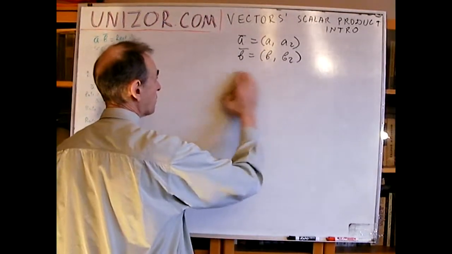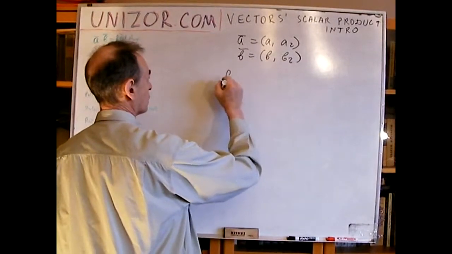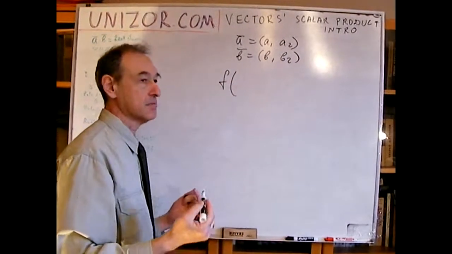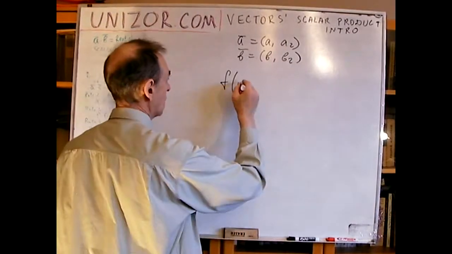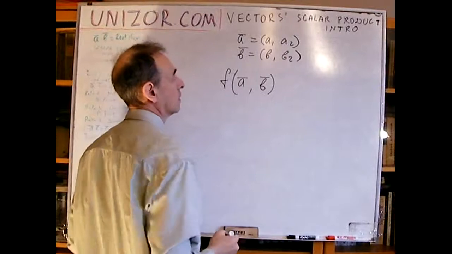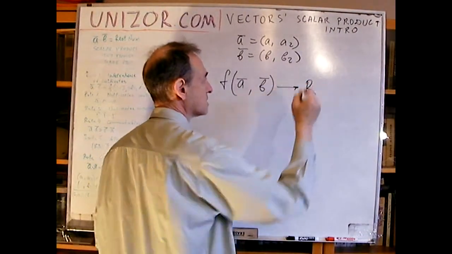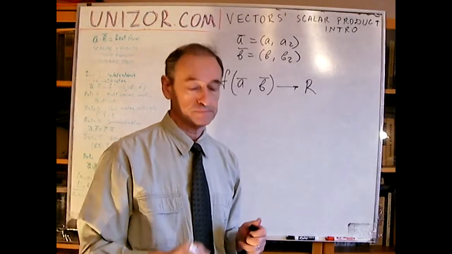So this operation, if you want, we can use the symbolics of the function. If the function of two vectors, its result is some kind of a real number.